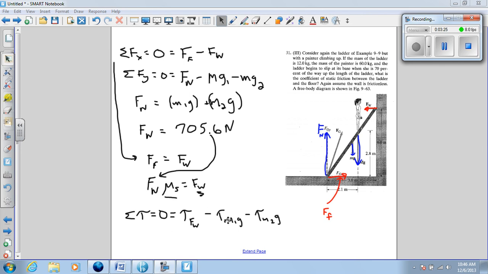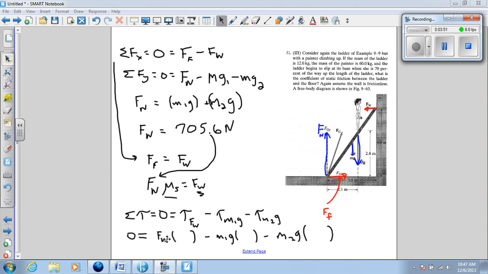These are torques, so to make them into forces, we need to take the force of each one times each one's respective lever arm. As I just said, the lever arm for m1g is going to be 1.5. Her lever arm would be this distance here, which the problem says is 2.1 meters. So 2.1 meters would go there.